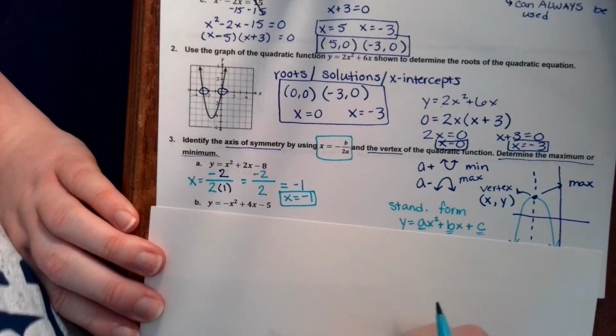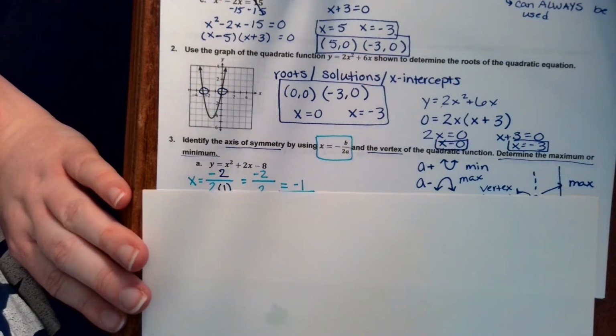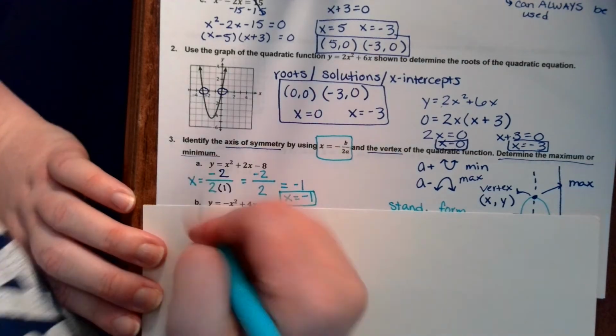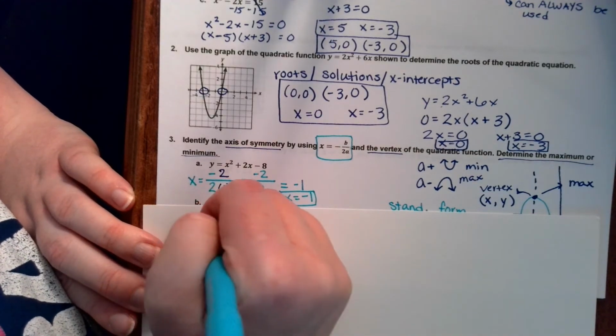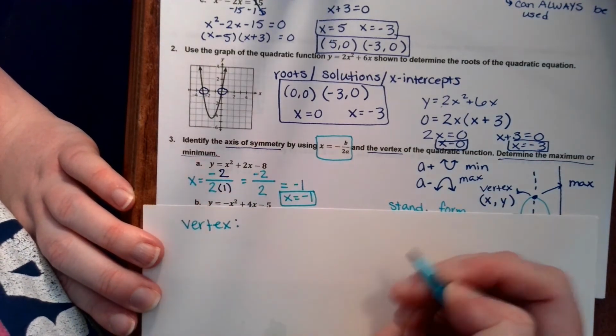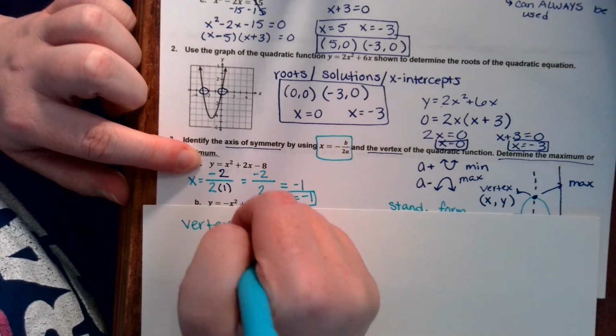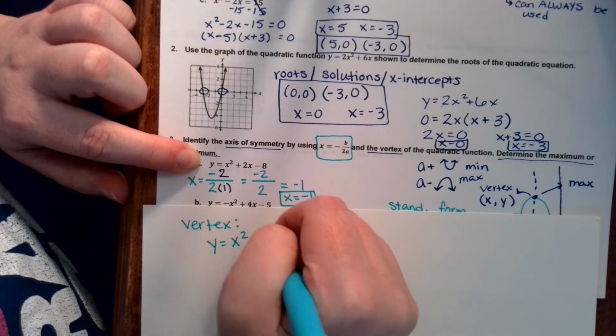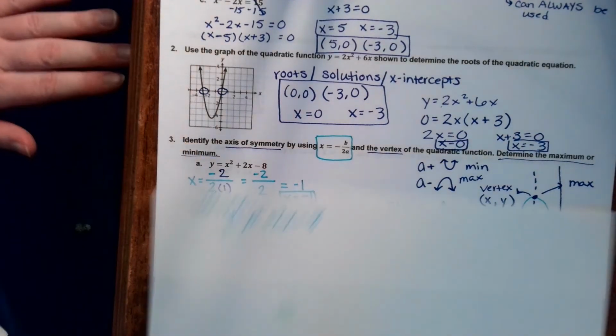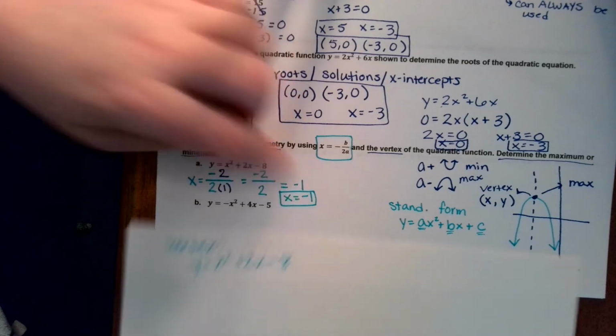Okay, so to get my vertex, we're going to take y equals x squared plus 2x minus 8, and everywhere I see x, I'm going to plug this negative 1 in.